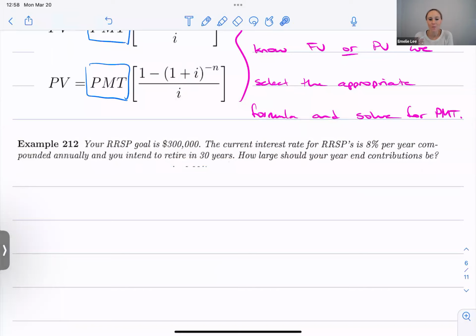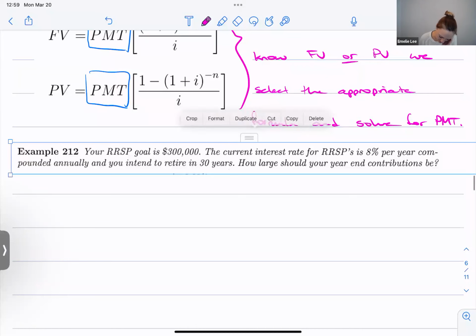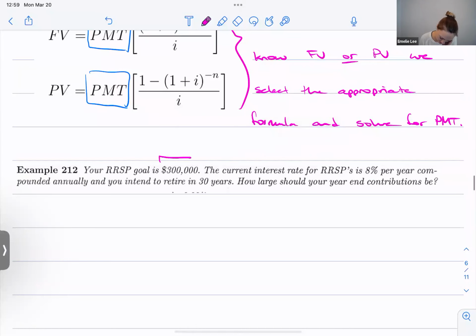Now, it's a little bit tricky in the beginning, right? Is this a future value or a present value? In general, if it's a loan amount, then it's a present value and then you're paying it off, right? If you're saving, then an RRSP goal is going to be a future value. And so here, let's just say that the future value is 300,000.